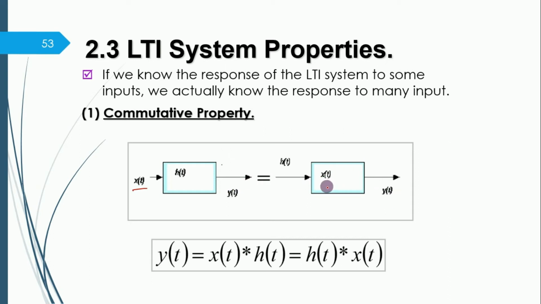This is the commutative property. For this, I need to derive some equations in order to prove it. So let me prove it. X of t convolved with h of t is nothing but the integration from minus infinity to plus infinity, x of tau h of t minus tau d tau.